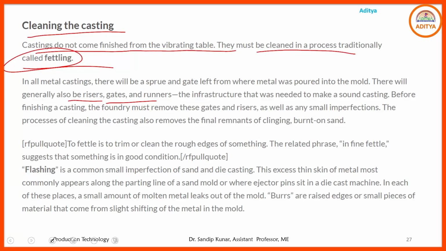After removing those parts, we have the final product and we do some cleaning operation. Flash is a common small imperfection of sand and die casting, so we sometimes do a flash removal operation for finishing purposes.